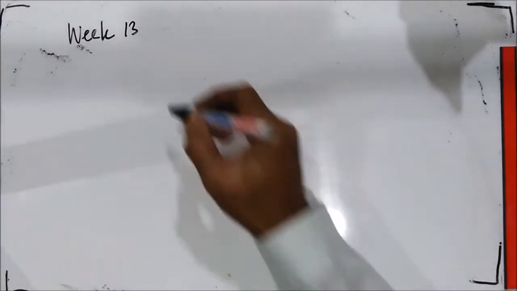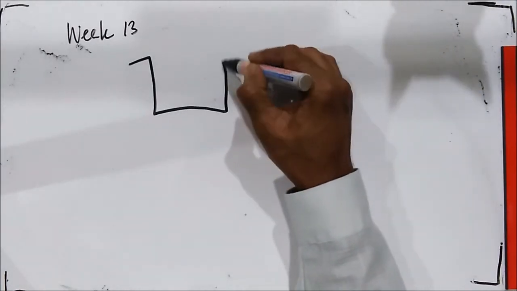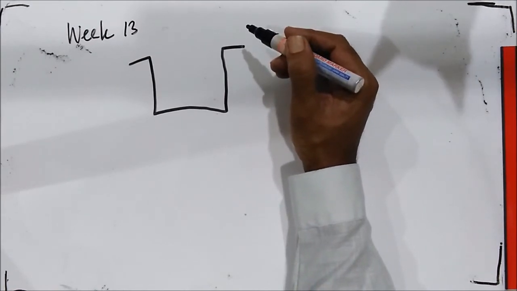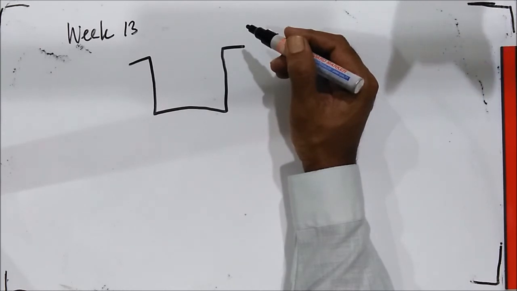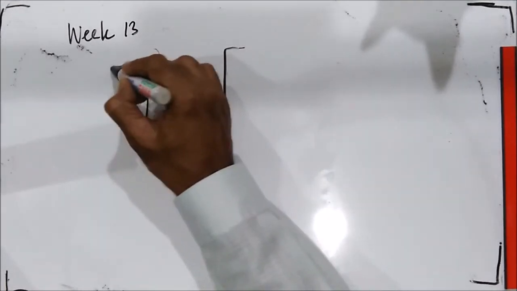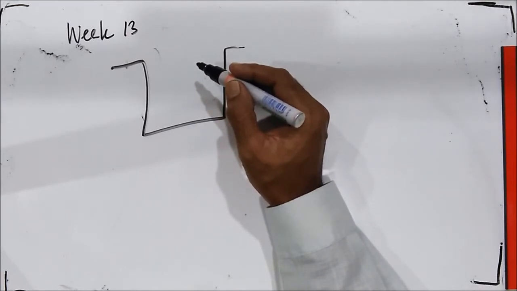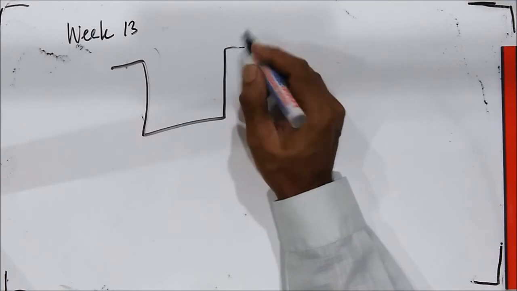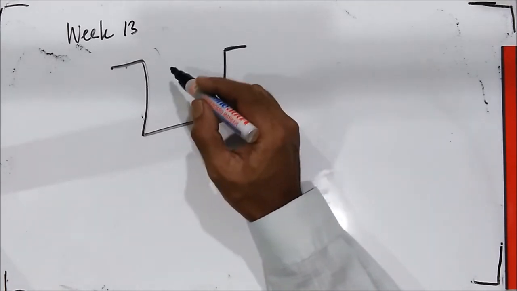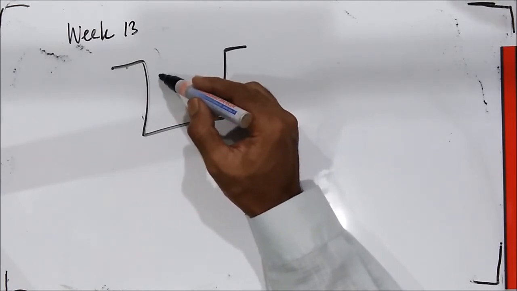Let's say a box contains 3 yellows, a card of a black color.